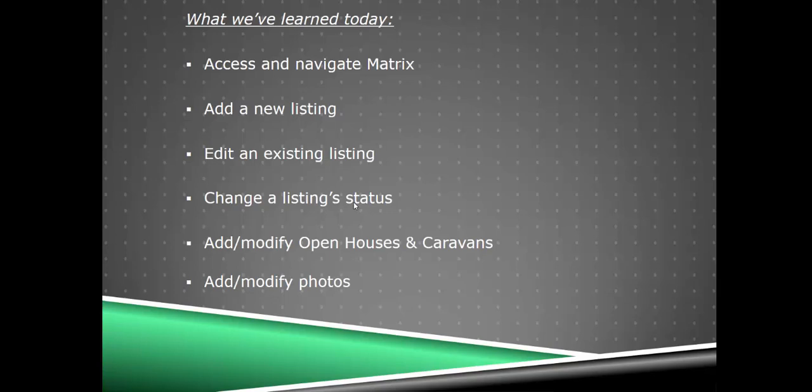Remember, I gave you the advice about 1024 by 768 being a good size, how to reorder the photos, delete them, the fact that you can have up to 40 in the Matrix system, and to add the verbiage under each photo, you just click on the photo, click edit in the line down below. Also on that screen where you're adding the verbiage, don't forget you can also rotate photos if maybe they're uploading from your phone upside down or sideways. So you do have that available as well.